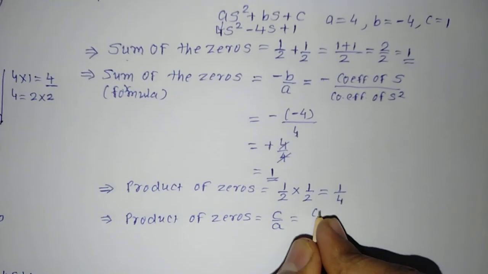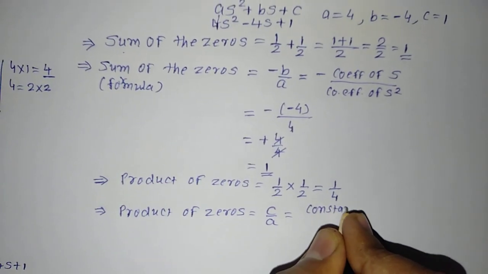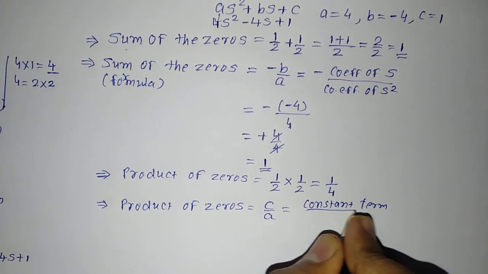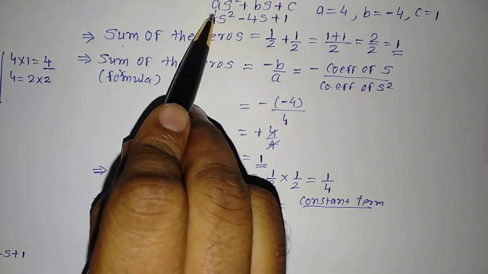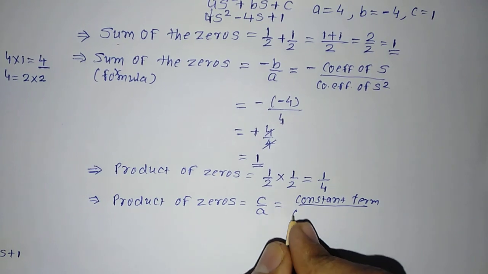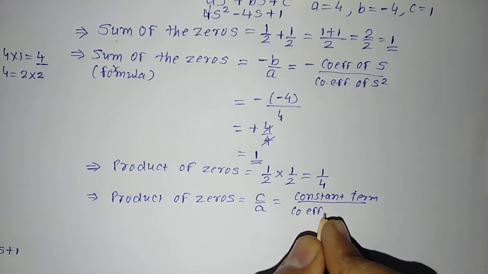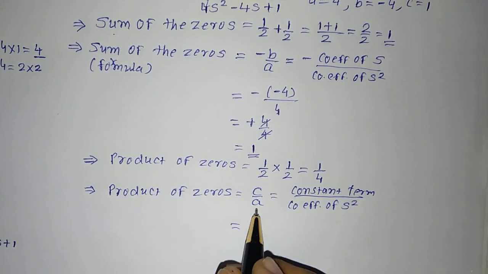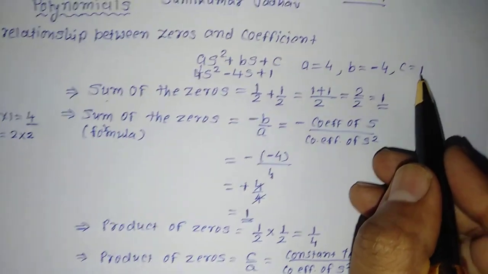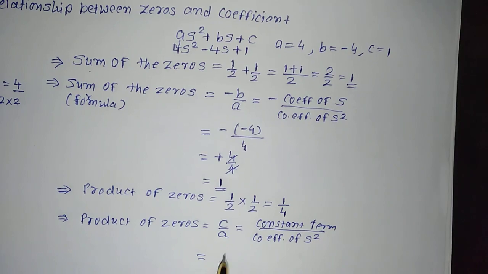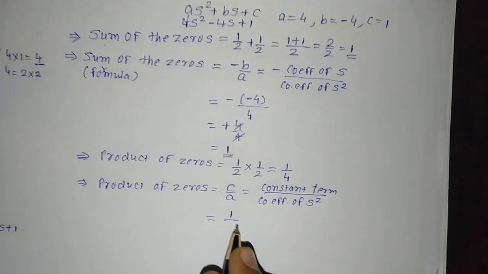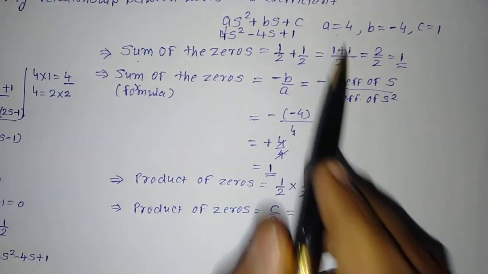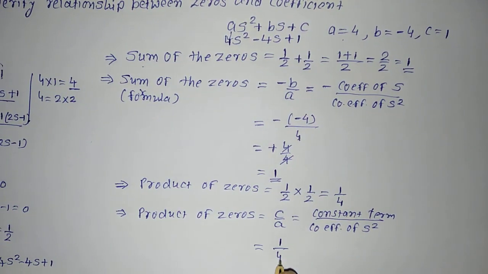So we can write constant term divided by a, where a is the coefficient of s square. Let us keep the values. What is c? C is equal to 1, so I can keep that is 1. What is a? A is equal to 4. So it is 1 upon 4.